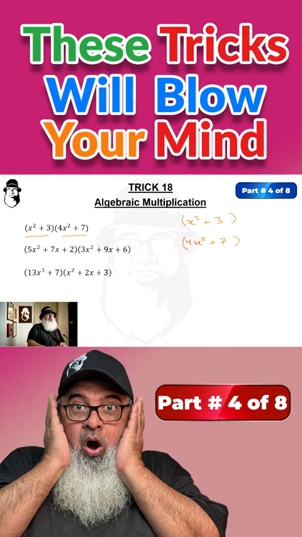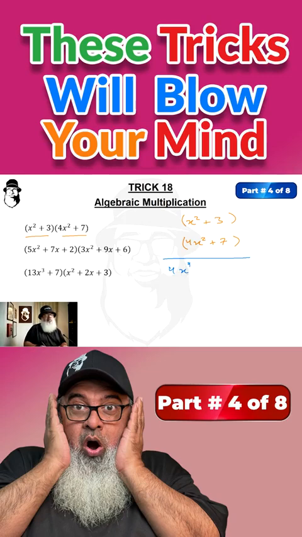Okay, so the first step here is we have two terms here and two terms here. So first is left with left, or left column you can say. So x squared times 4x squared is 4x to the power 4. We add the powers.